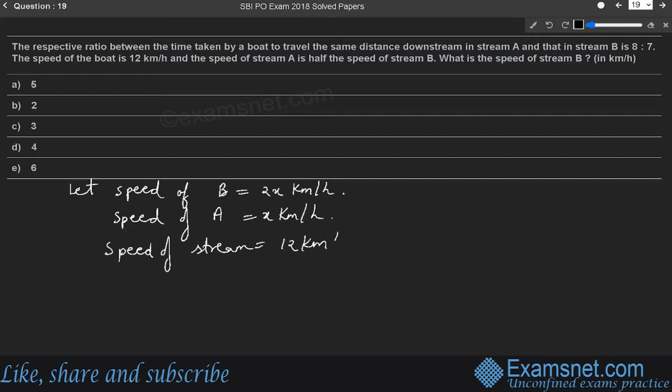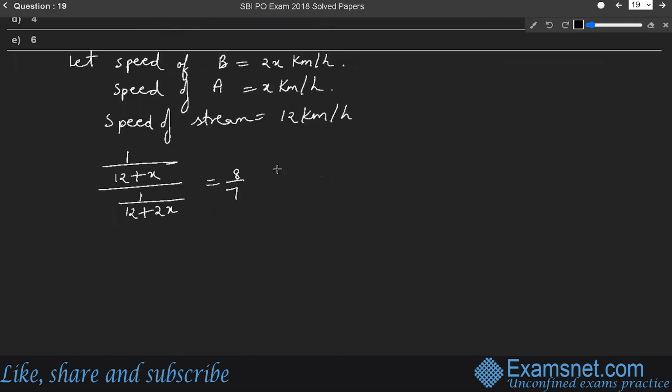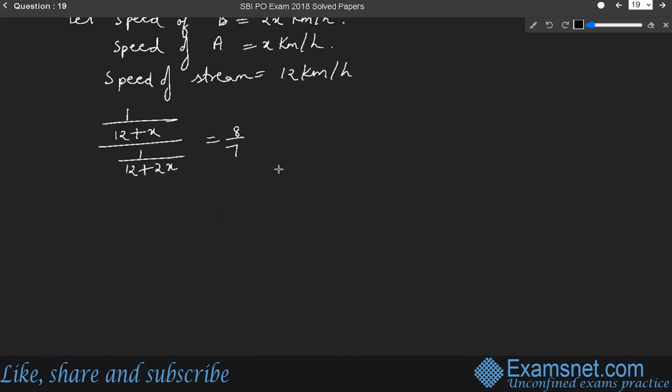It is already given in the question. Now, according to the question, 1 upon 12 plus x divided by 1 upon 12 plus 2x is equal to 8 upon 7, which is the ratio of downstream in stream A and in stream B. So this will be 12 plus 2x divided by 12 plus x is equal to 8 upon 7.